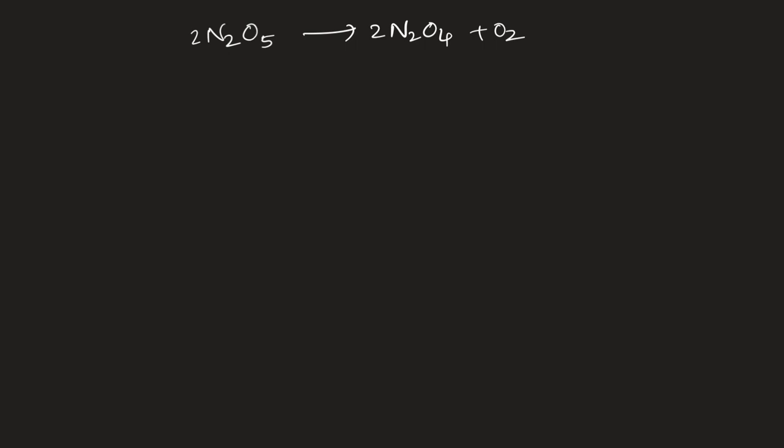This is one equation: N2O5 decomposes to give N2O4 plus O2. Now according to this, these are 2 moles, this is 2 moles, this is 1 mole. Then what can I say here? The rate of formation of O2 is how many times the N2O5?